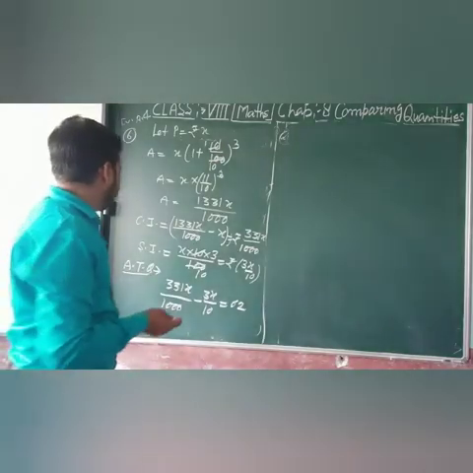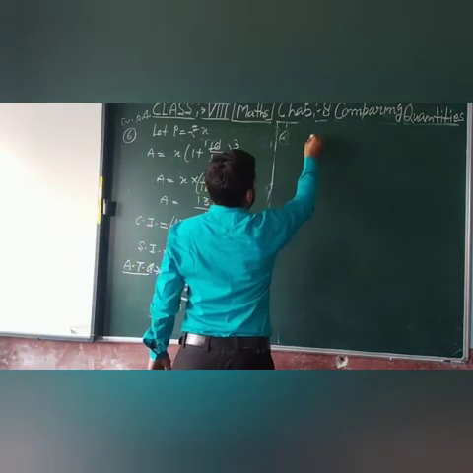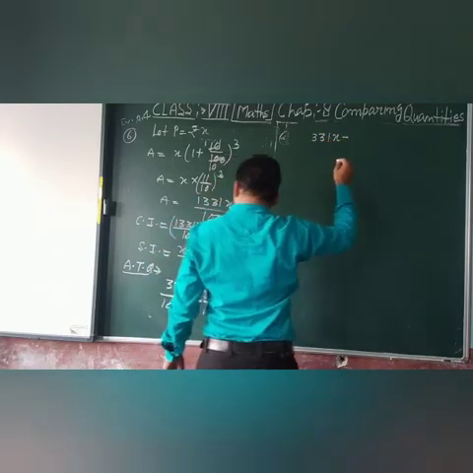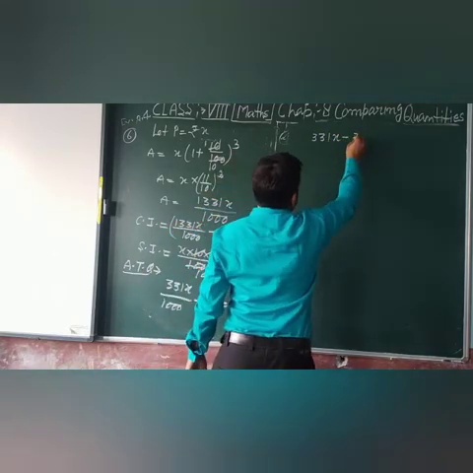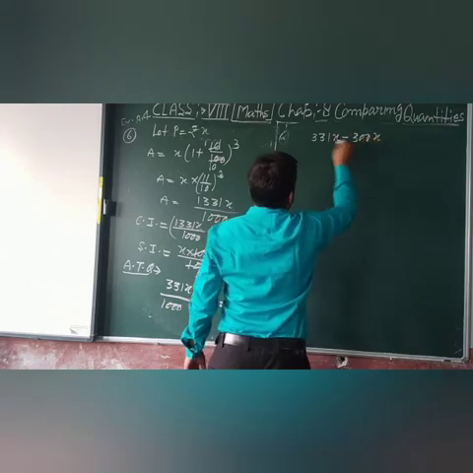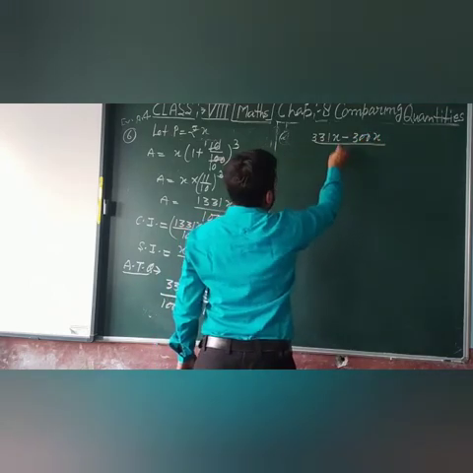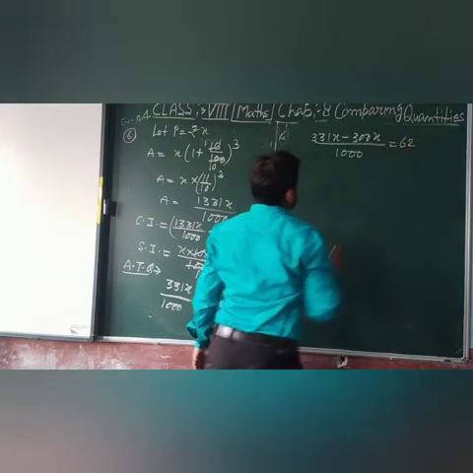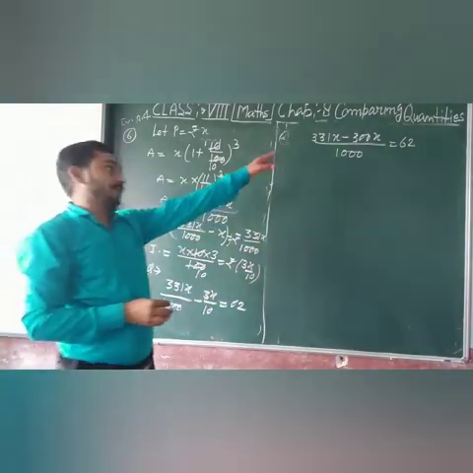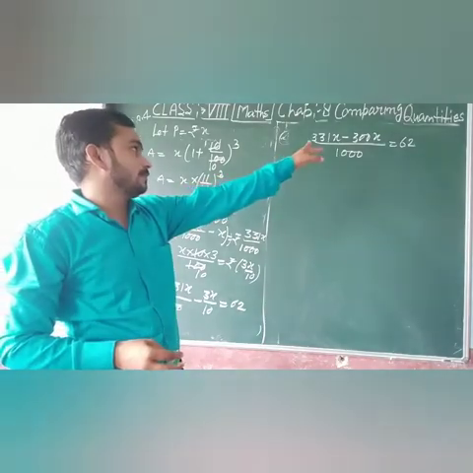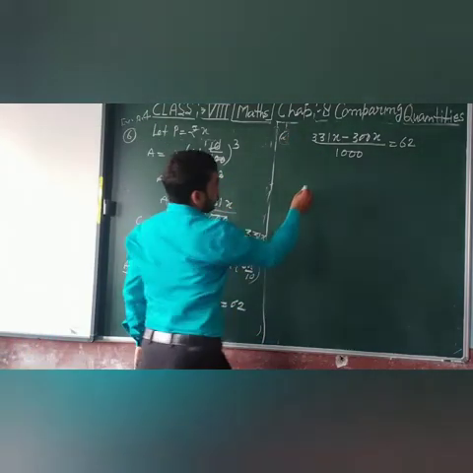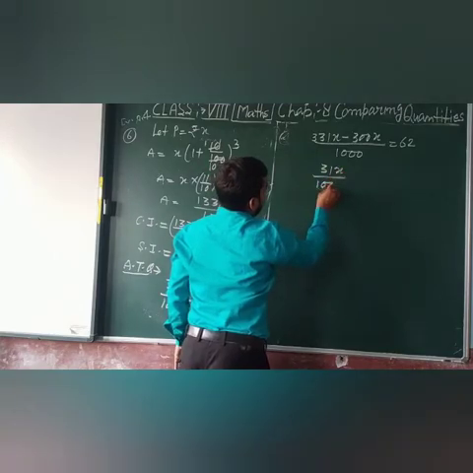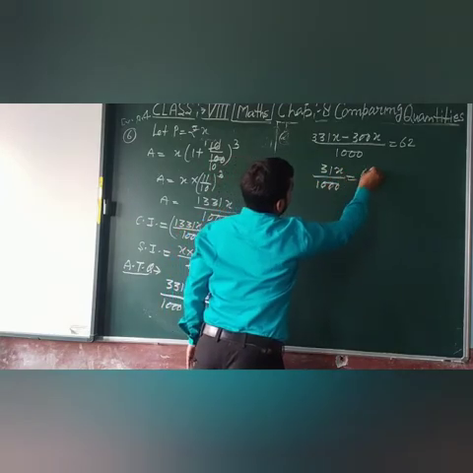Then taking the LCM, we have 331x minus 300x divided by 1000 is equal to 62. Now we subtract 331 minus 300, so 31x upon 1000 equals 62.